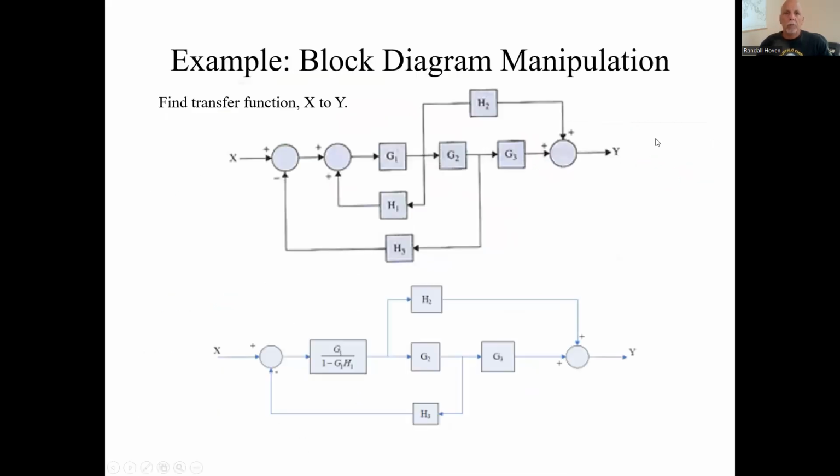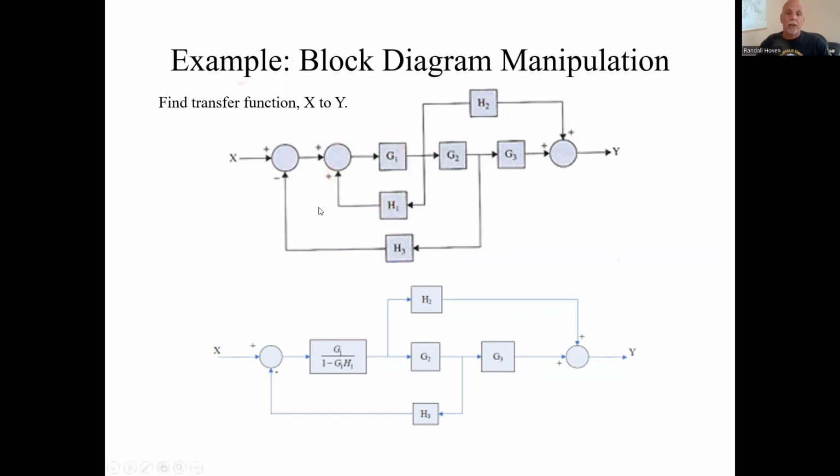Let's go through an example. We'll say this is our beginning block diagram, and we want to get to the overall transfer function output over input, output y over input x. So let's do this in steps. First, see that this is our little inner feedback loop. We have a g forward path, a feedback path, the comparator here.